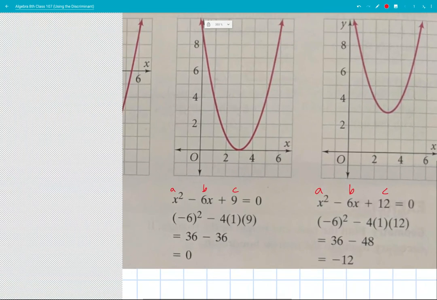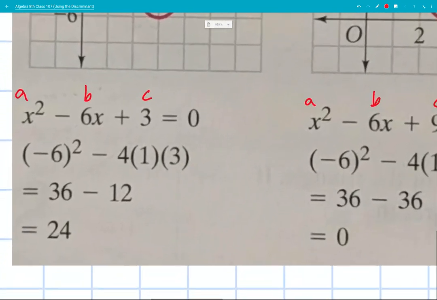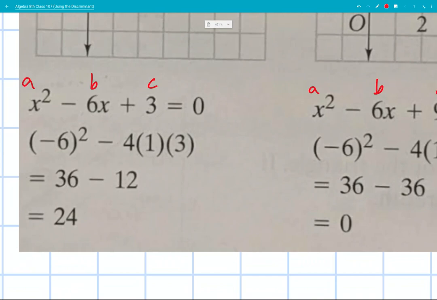So now I'm just going to do what they did here, okay? So don't be afraid of seeing lots of numbers. They're just finding what is b squared minus 4ac. So we have b right here, b squared minus 4ac, right?